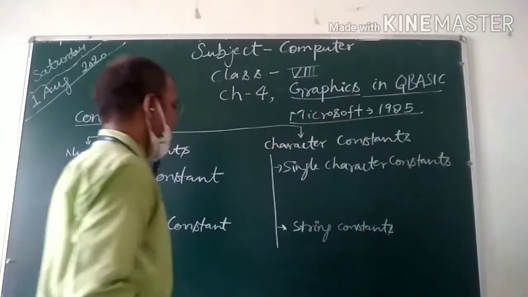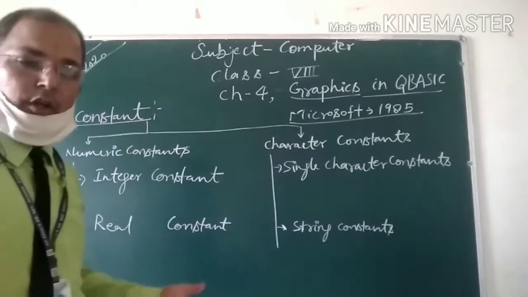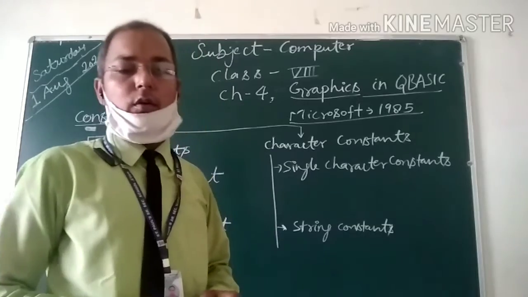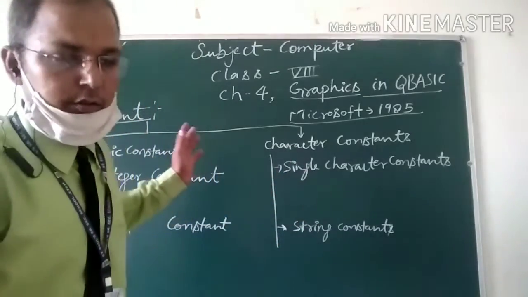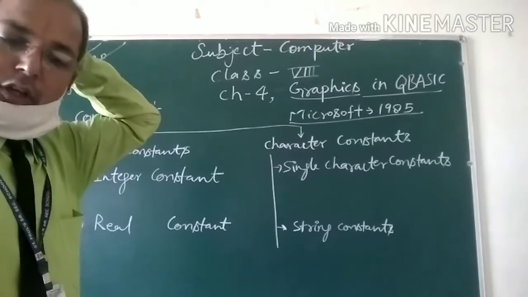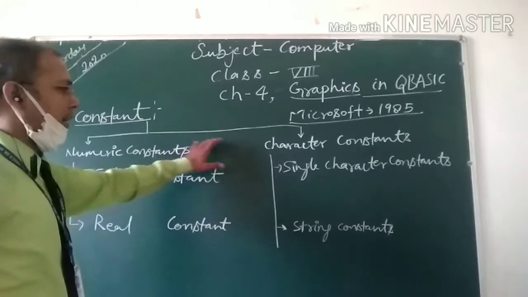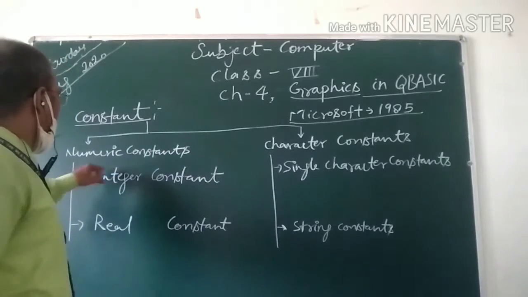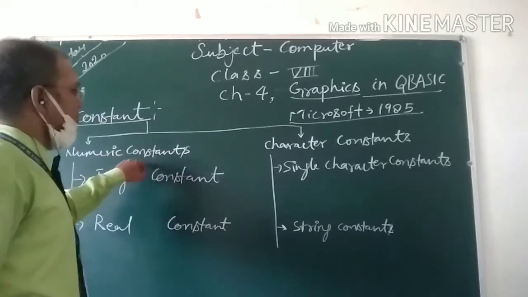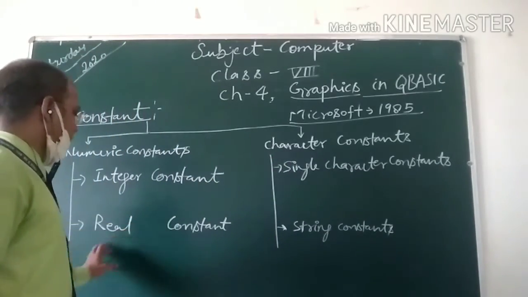Okay, so what is a constant? Constants are values that do not change during the execution of the program. They are numeric constants and character constants. Numeric constants are of two types: integer constant and real constant.